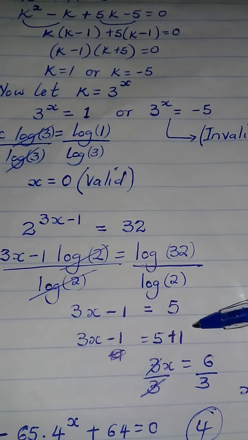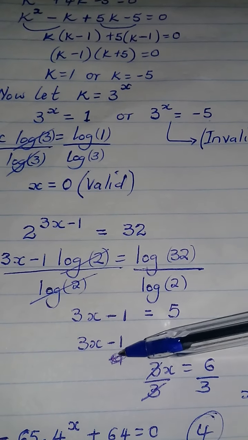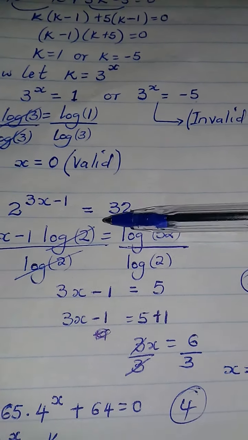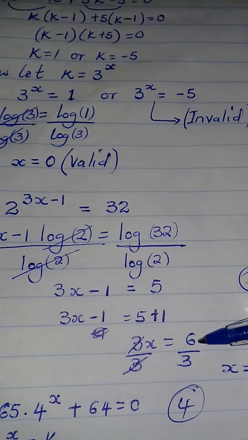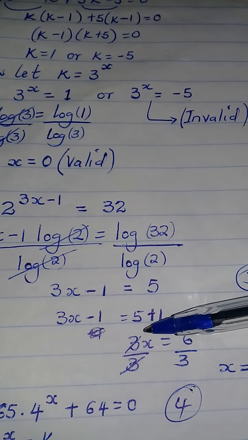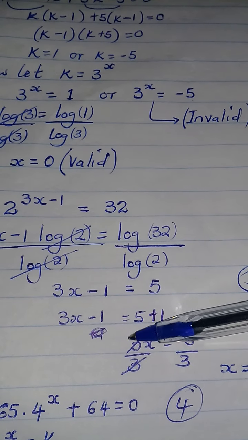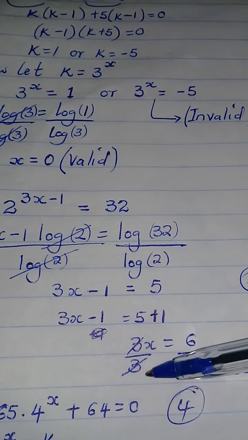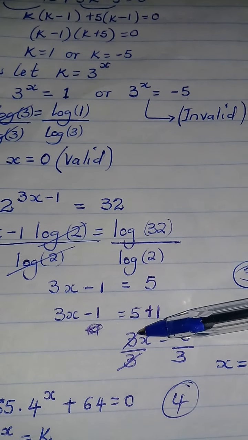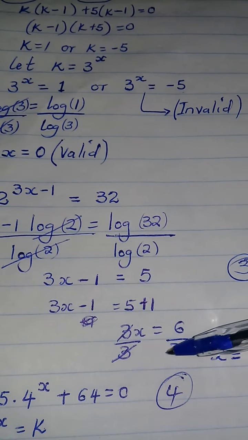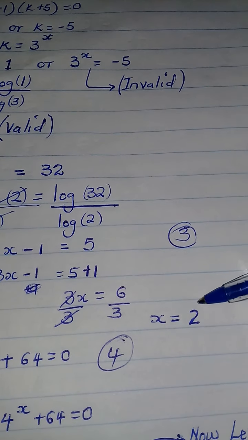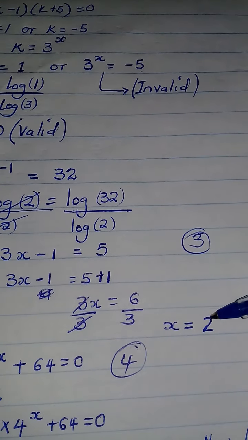From there, collect like terms as usual, add positive 1 both sides, and that gave me positive 6. And then the equation was 3x is equal to 6. Now you want to find the value of x only. There you divide by 3 both sides, so that gives you the value of x as equal to positive 2.